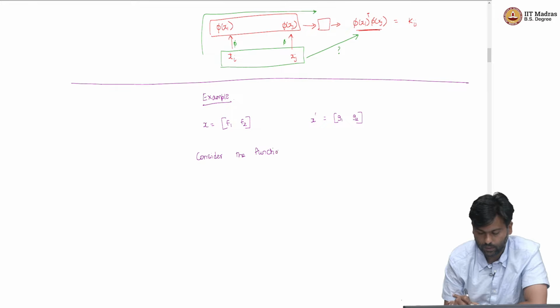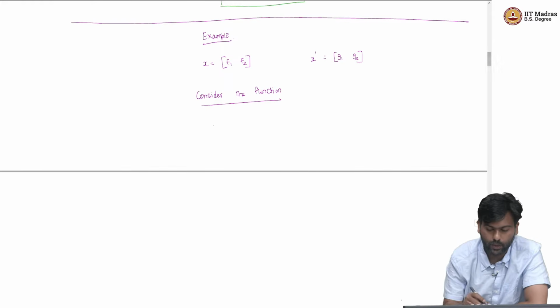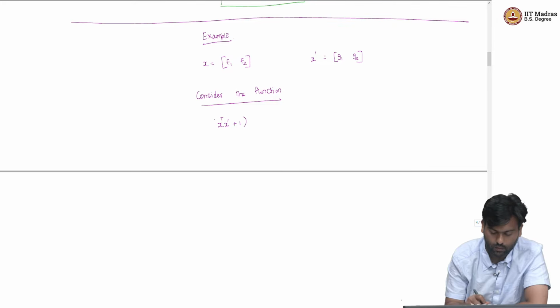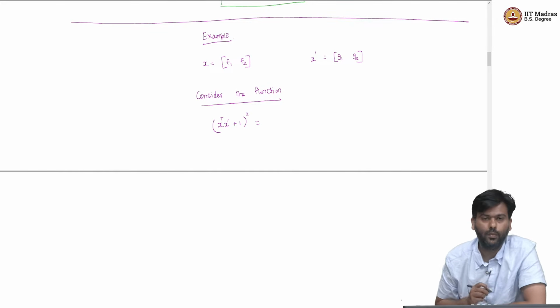I am just pulling this function out of the hat, but let's say we want you to consider this function for the moment, right? So (x transpose x prime plus 1) whole squared. Let's say this is the function that we want to care about, right?